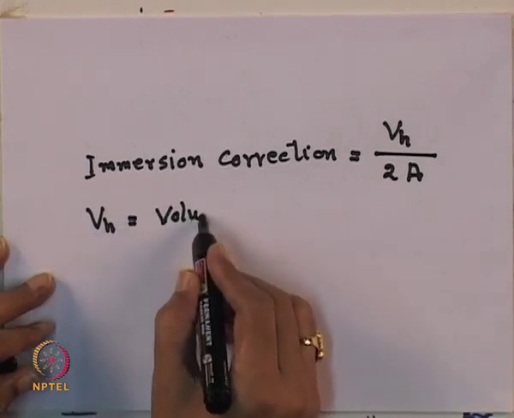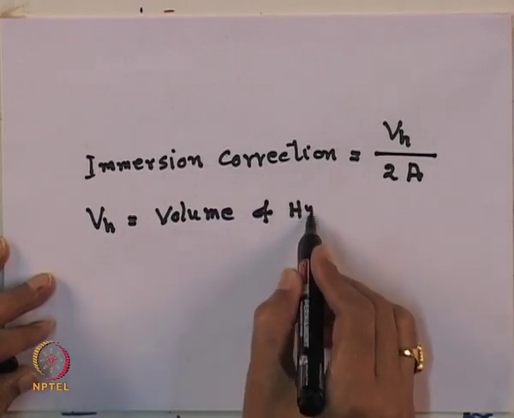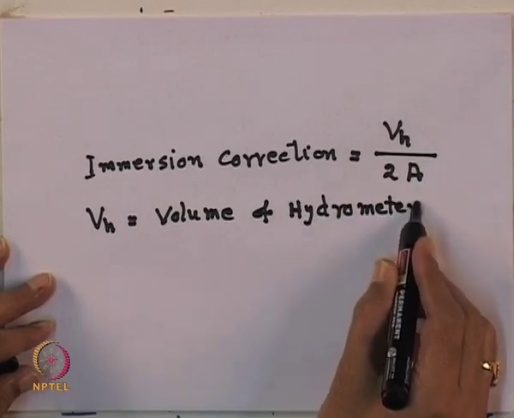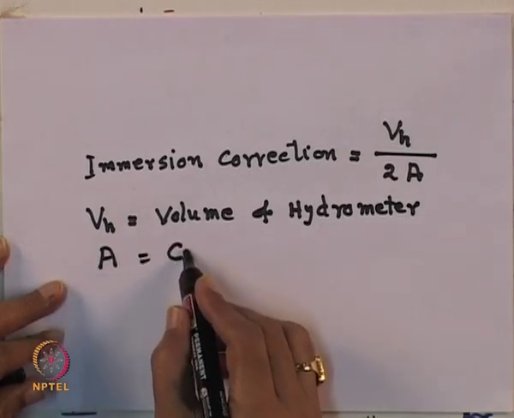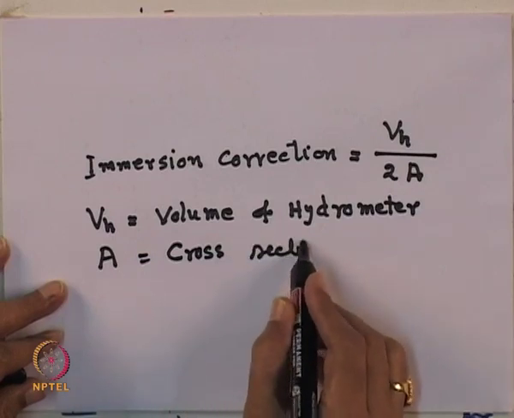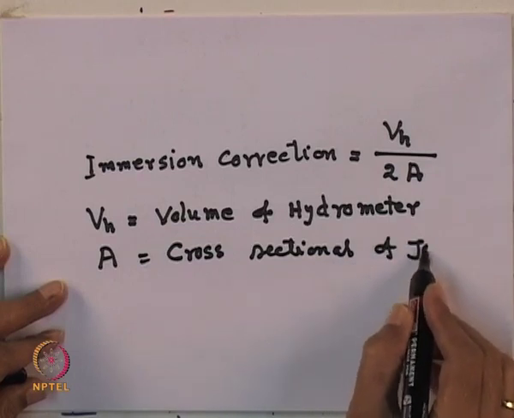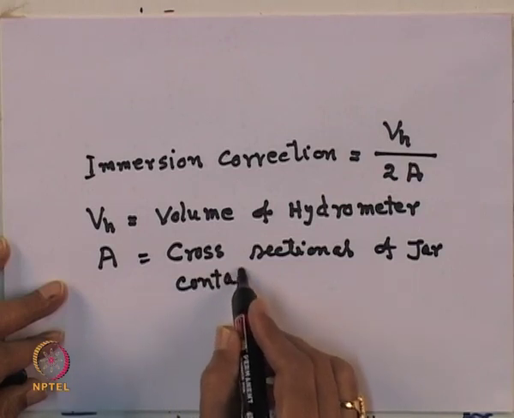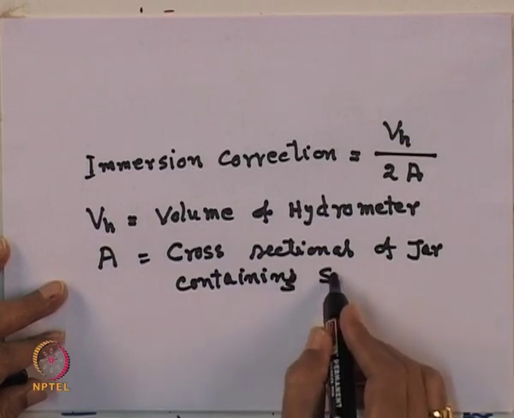VH is the volume of the hydrometer, and A is the cross sectional area of the jar containing the suspension.